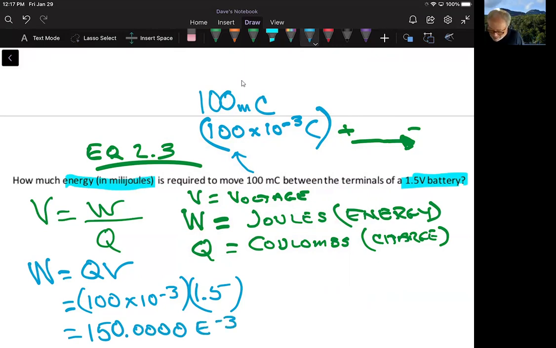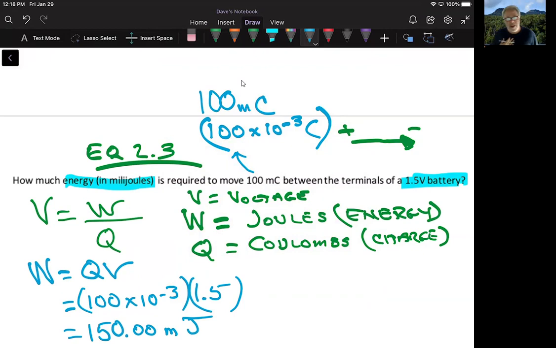Probably I could set this up to just 2 decimal places of accuracy to be better. And I know that this minus 3 is written as millijoules, right? So that's the solution to that problem.